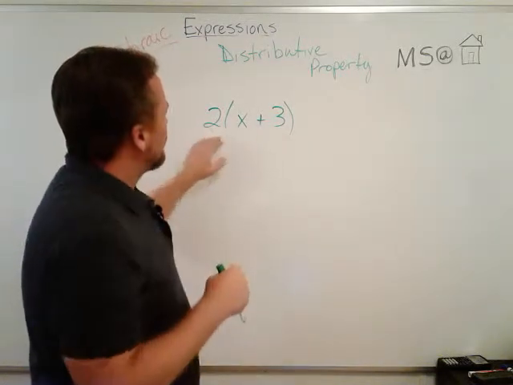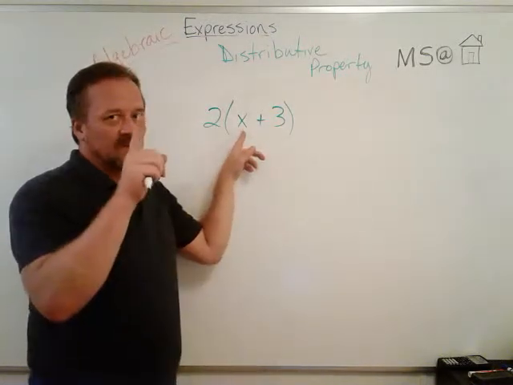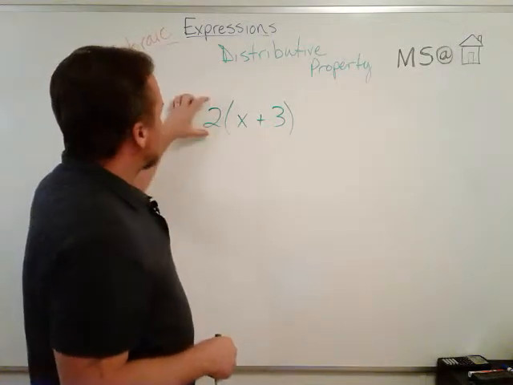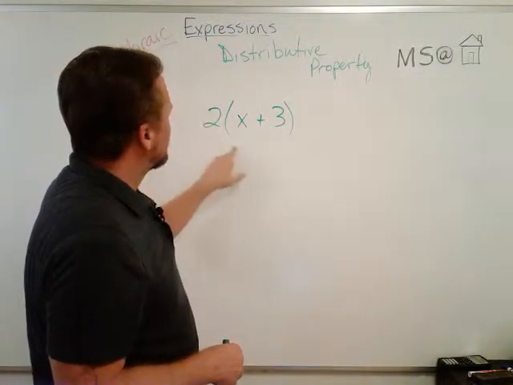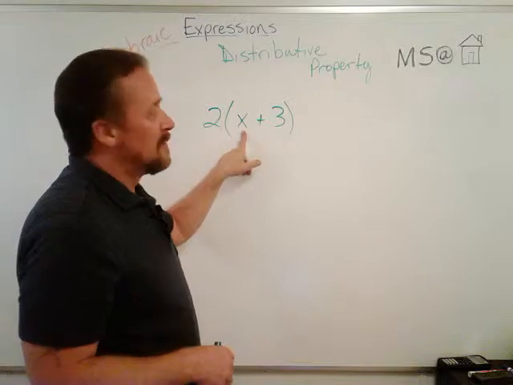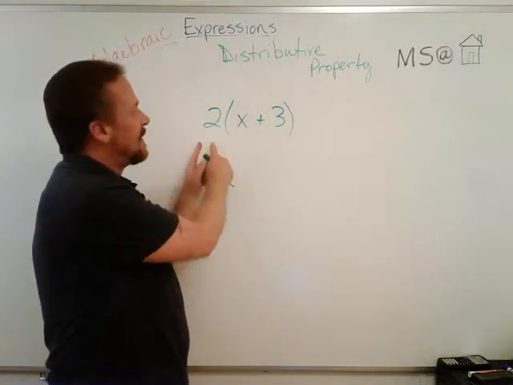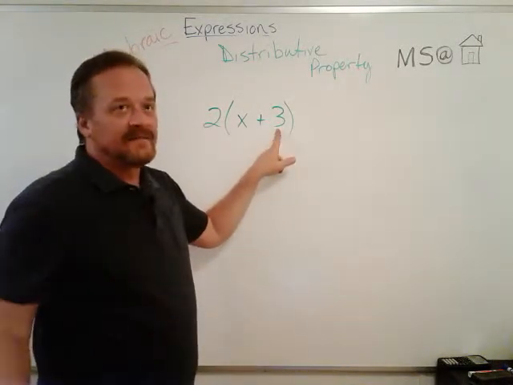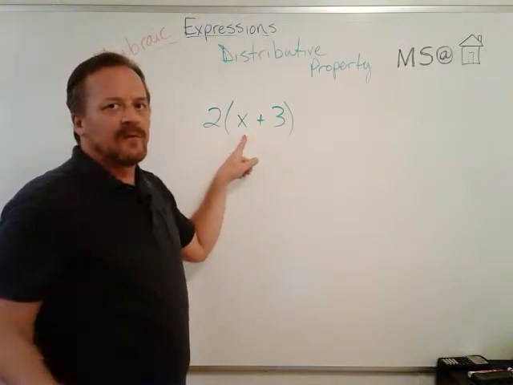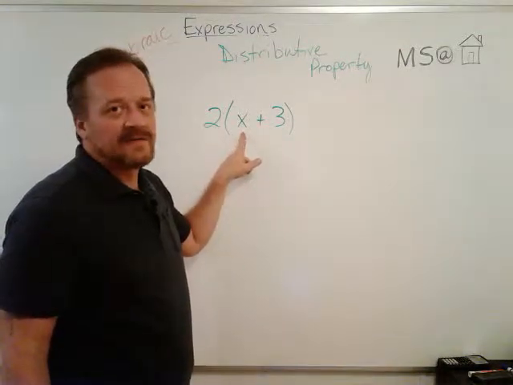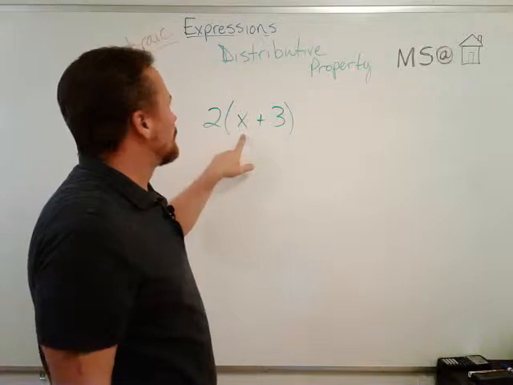But I can multiply, because right now this is just one unknown. But what if I were to distribute 2 to that unknown, okay? What if this was 2 cupcakes? And this was my friends, but I don't know how many friends you're bringing. You're the X, okay? There's an unknown there.